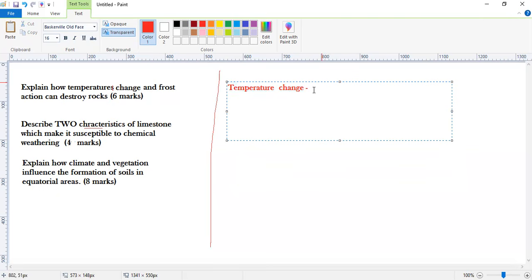So we could say temperature change involves rocks in desert regions. Now, maybe you'd get a mark just for mentioning the climatic region in which the process occurs. All right. So these little details can help you to get your marks.